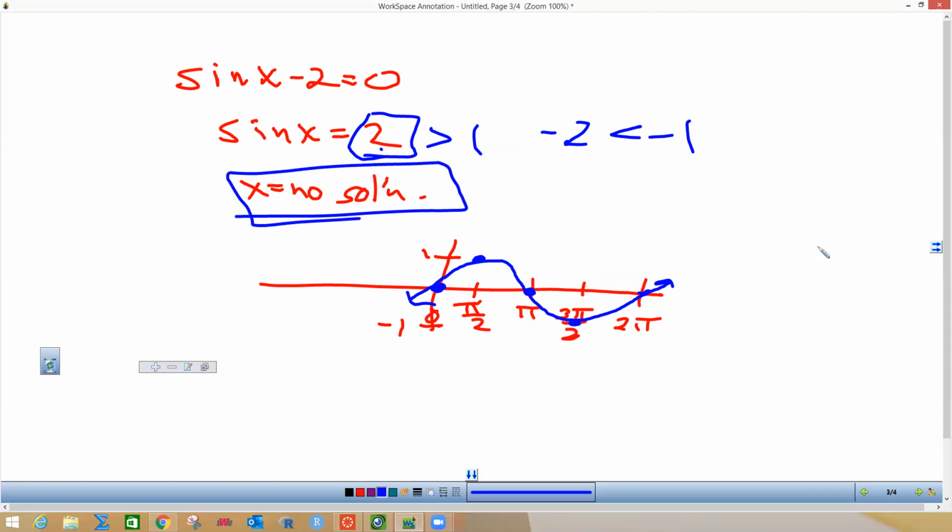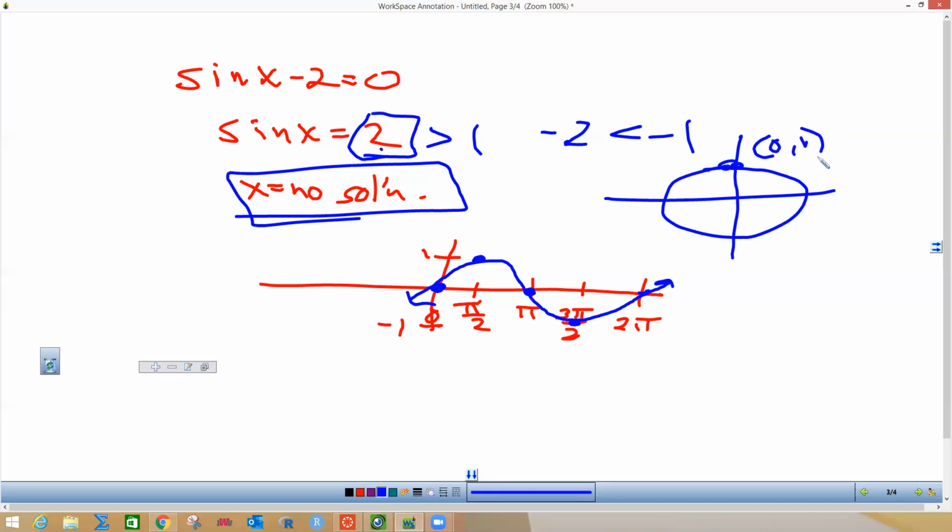And if you think about the unit circle, another way to know it doesn't work, the biggest y value is 1, and the smallest y value is -1. Remember, pi over 2 is 90, and 3 pi over 2 is 270. This is the biggest y, this is the smallest y on the unit circle. That's another way to know it doesn't work, because the unit circle only goes to there.